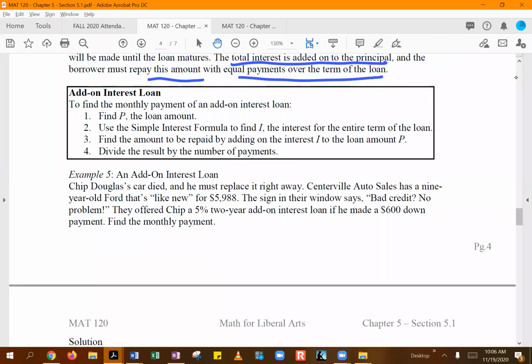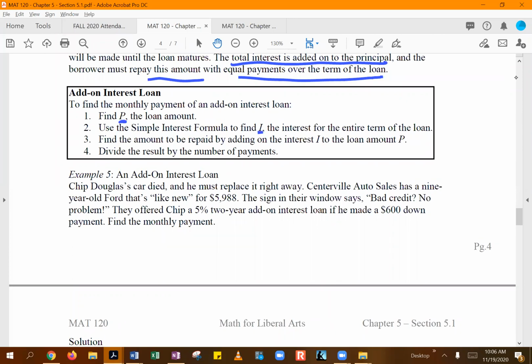So, as our terminology here, to find our monthly payments for these add-on interest loans, your P value, the present value, is now going to be the loan amount, so how much money has been borrowed. We will be using the simple interest formula to calculate our interest I. Remember, this is again on the loan amount, and we're making the assumption that none of the payments have been made until the end of the loan.